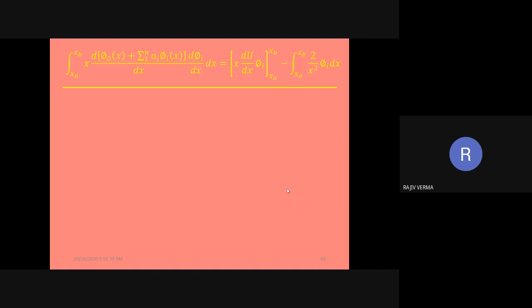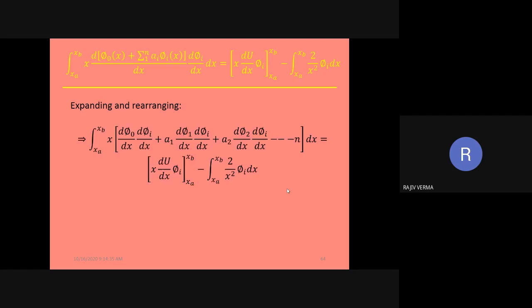This is the equation which we had in the previous slide. So when you expand this particular term, we get this equation. So kindly compare these equations, and if you find any error, kindly let me know. The first term on the left contains d phi naught by dx multiplied by d phi I by dx.